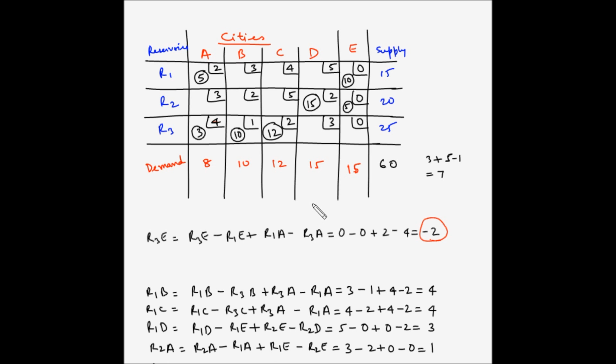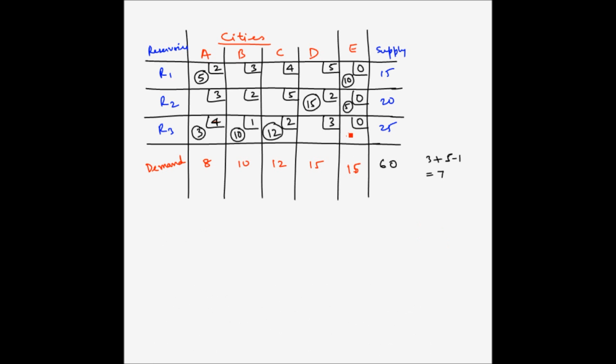So for iterating toward optimality, we have to select the water square with the largest negative net cost change value. So here we have square R3E with the highest negative net cost change value. So we'll select this square and try to make some improvements.